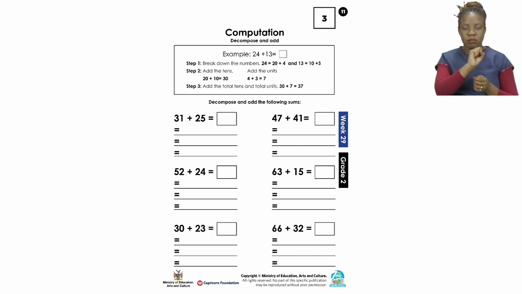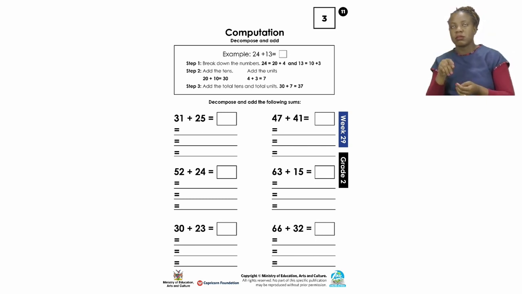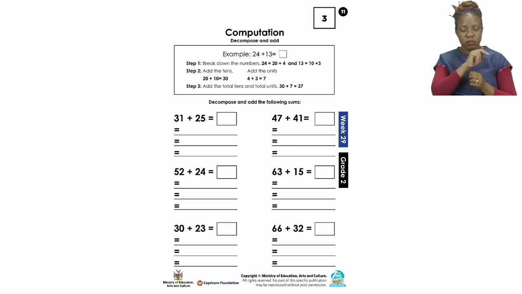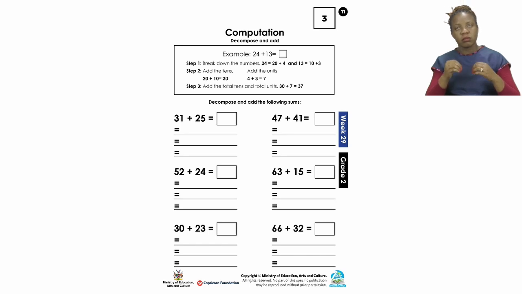And then step 3, you will now add the total of the tens and the total of your units together so that you can get your answer. Now, for the activity, it says decompose and add the following sums.